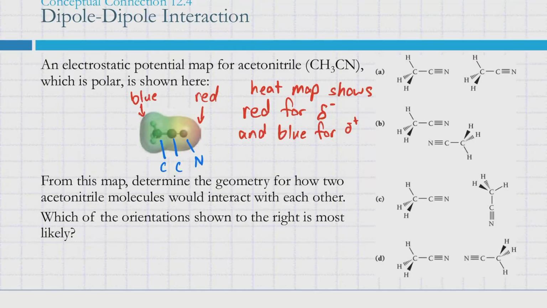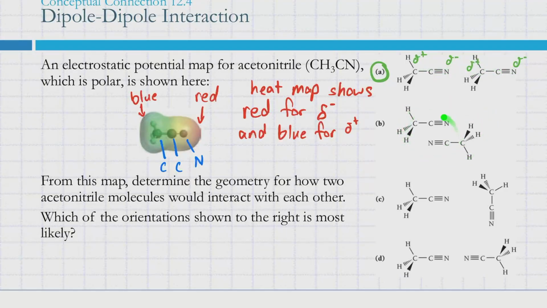Did you say A? Yeah, it's A. Why is it A? These line up, our little dipoles, they always look like music notes when I draw them. Our partial negative side is going to be attracted to the partial positive side, and so they'll line up in the same orientation.